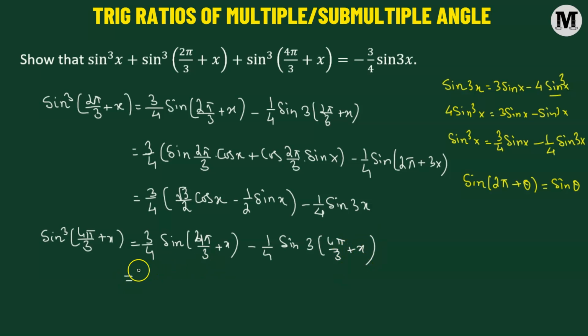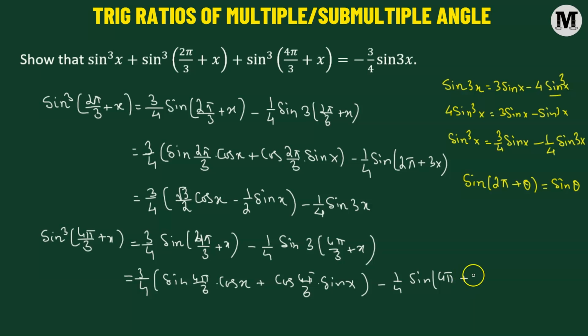Now we're going to expand this. That gives us sine 4 pi over 3 multiplied by cosine of x, added to cosine of 4 pi over 3 times sine of angle x, minus 1 over 4 times sine of angle 3 multiplied by 4 pi over 3, so that's going to be 4 pi plus 3x.